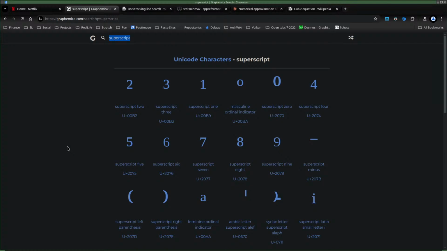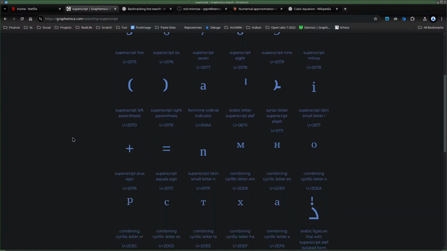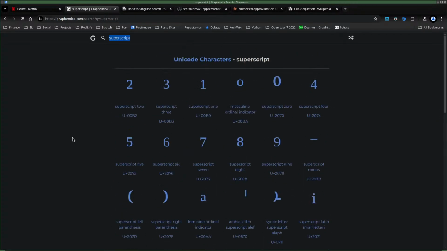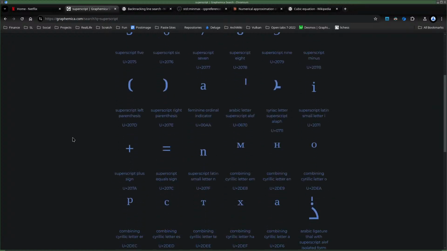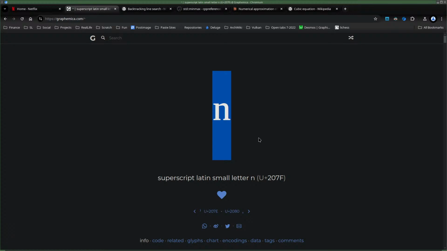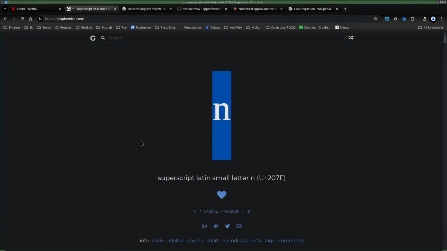So kind of ridiculous. Unicode does not have superscripts for the whole alphabet. Why? Nah, come on, it's impossible. The N must exist. Oh, okay, there's an N here. We're gonna use N because that's the only thing we have.